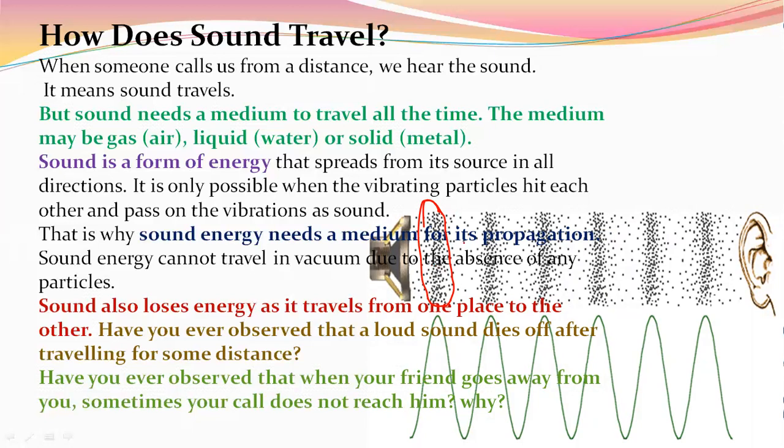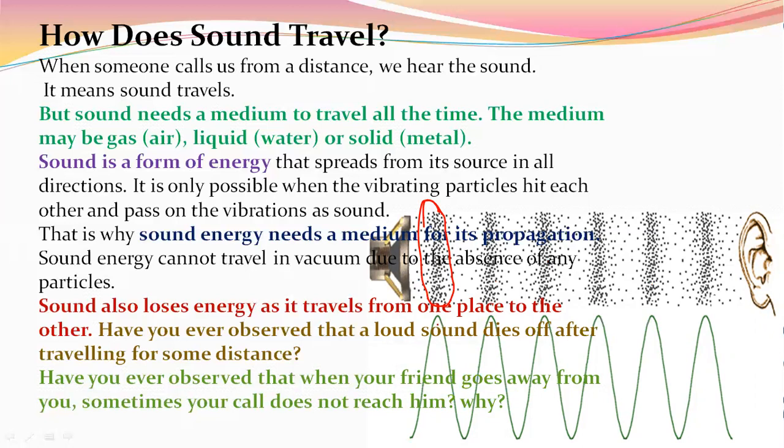Then some molecules pass their energy towards the next. It means they are pressing those molecules, then some molecules take the energy and pass it to other molecules, then to other molecules, and then to other molecules.